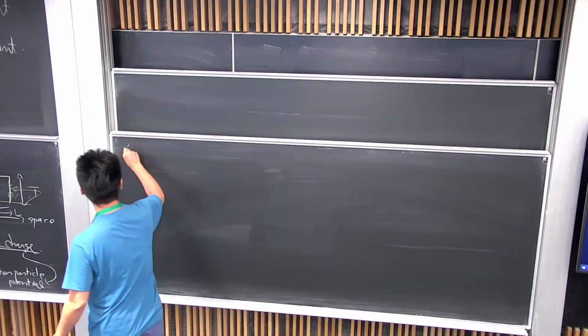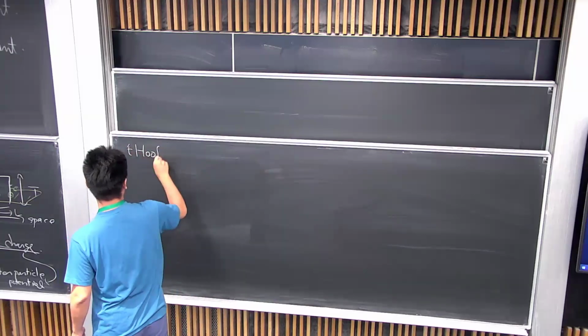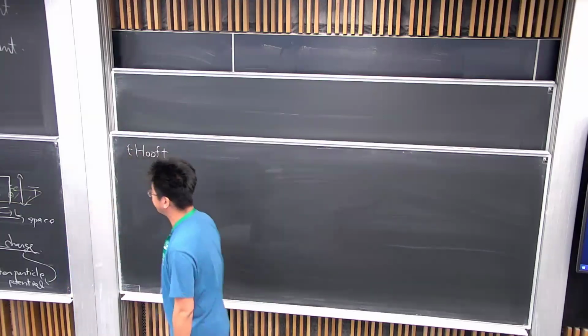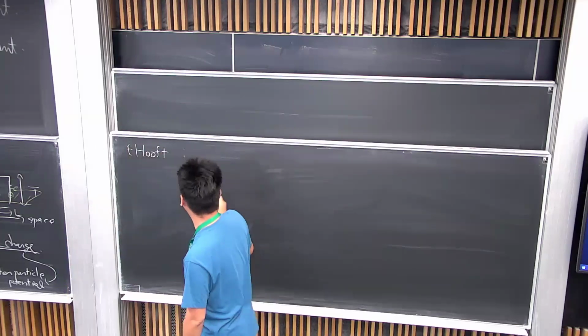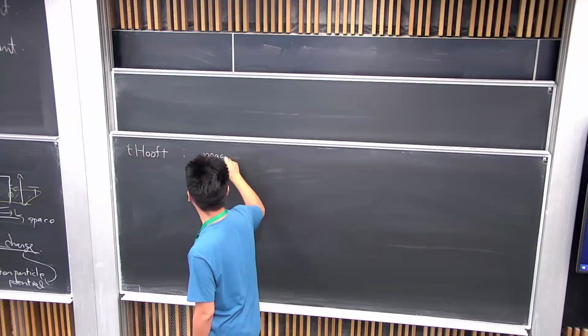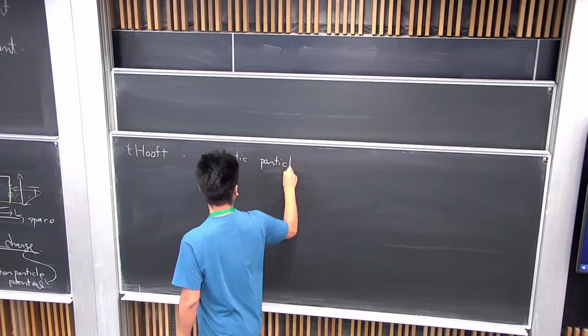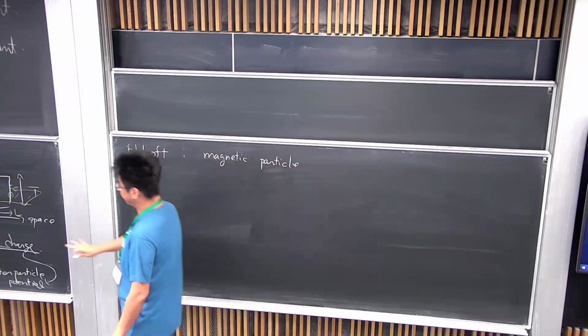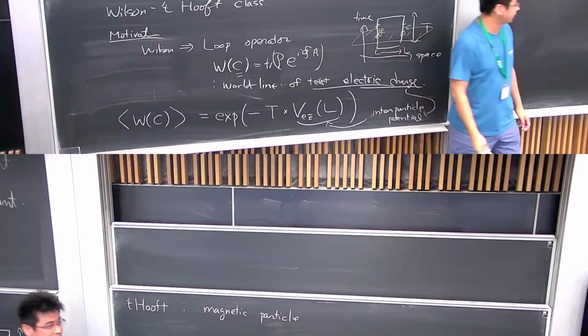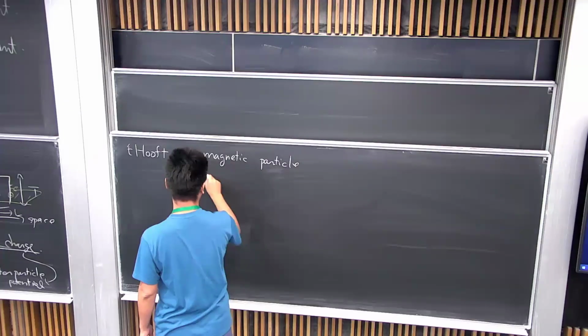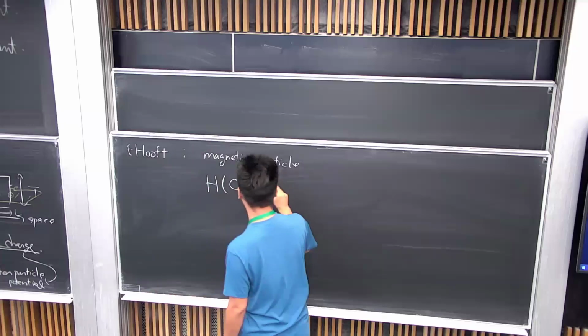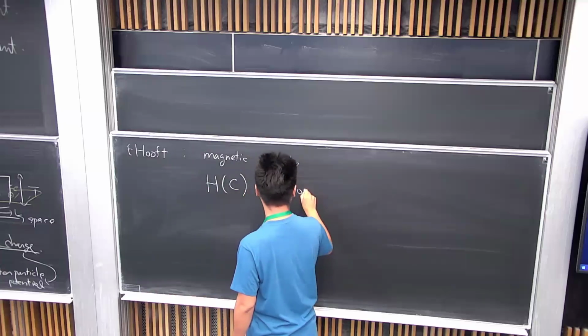But later 't Hooft noticed that not only electric particles, but gauge theory also has magnetic particles. There is a counterpart of this world line for test magnetic particles, and he considers what is now called the 't Hooft operator.